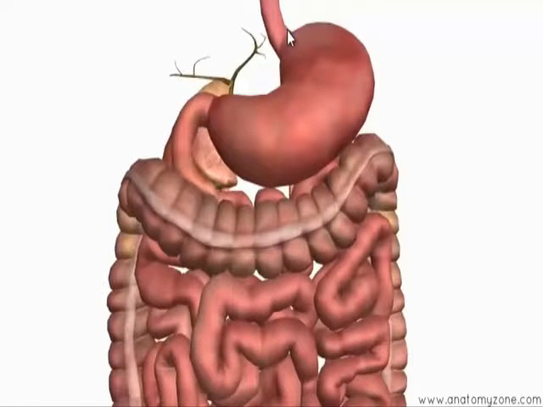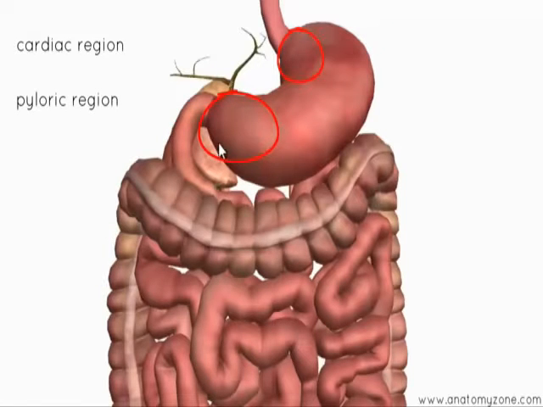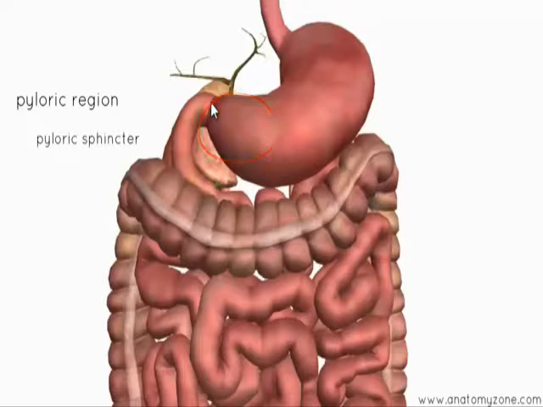The proximal end of the stomach is called the cardiac region, and at the distal end you've got the pyloric region, and another sphincter at the end of the stomach called the pyloric sphincter. The sphincters help to keep the contents of the stomach contained.